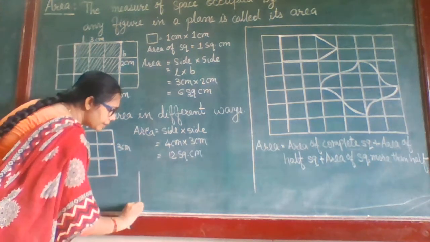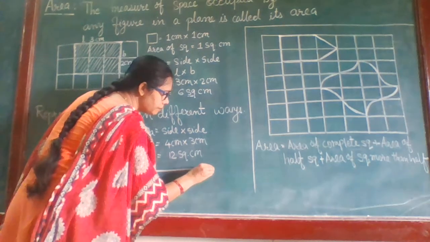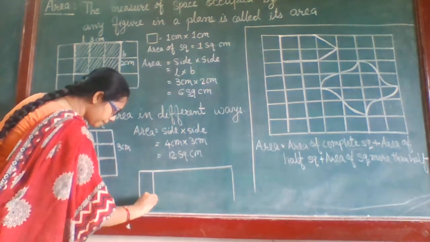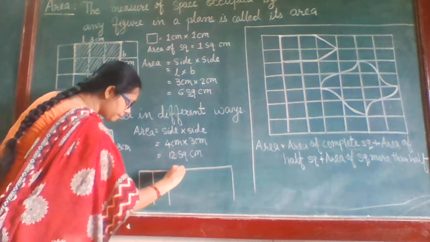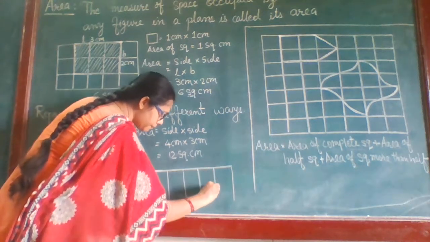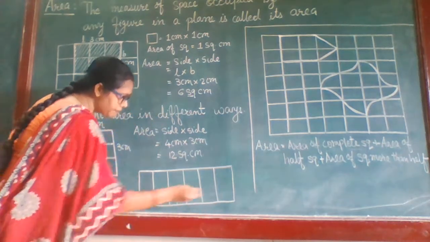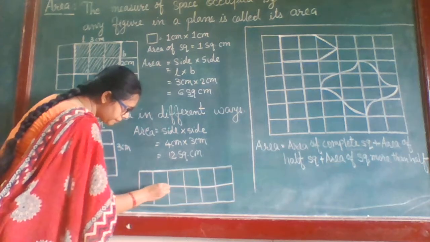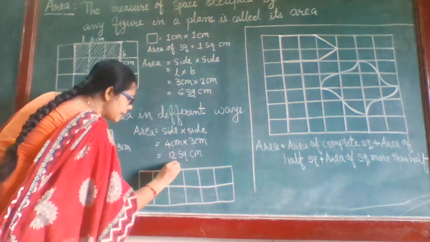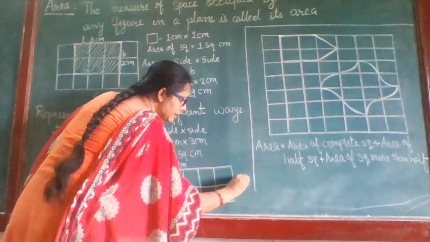So I draw 1, 2, 3, 4, 5, 6. This is 6 centimeter and 1 and 2, 2 centimeter.